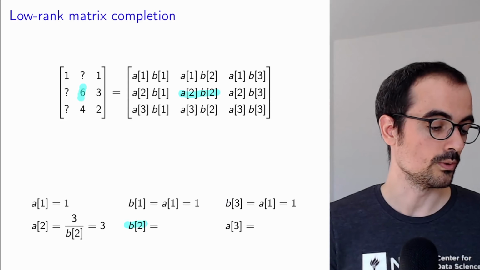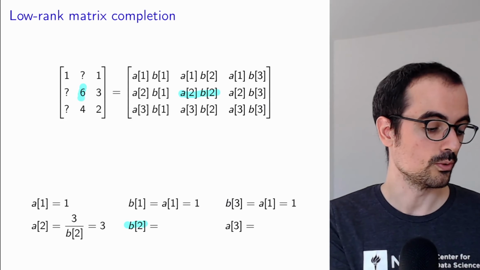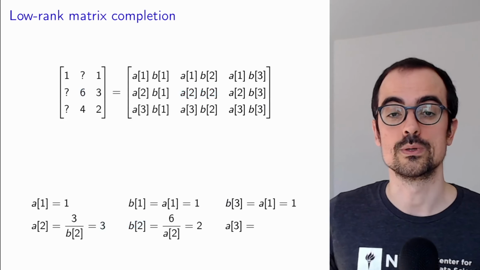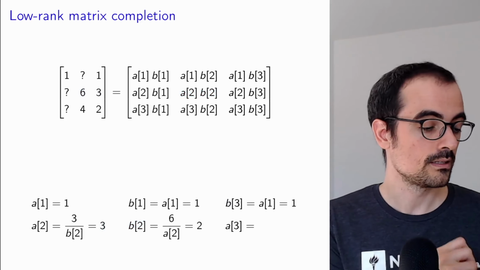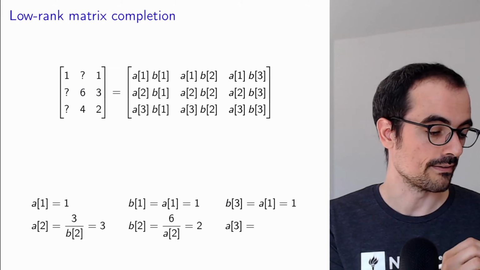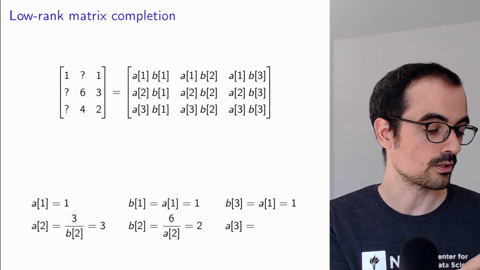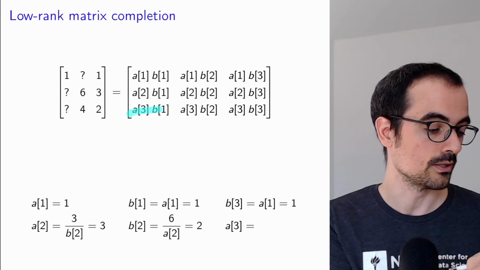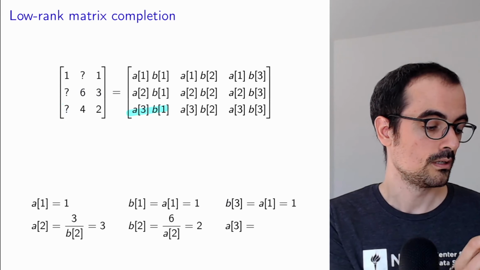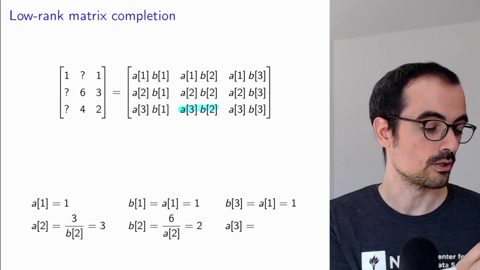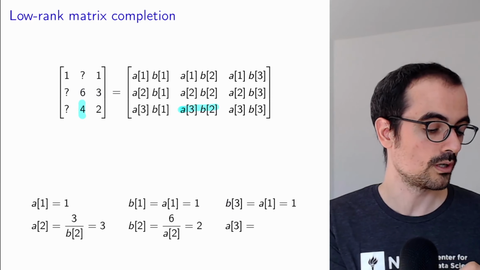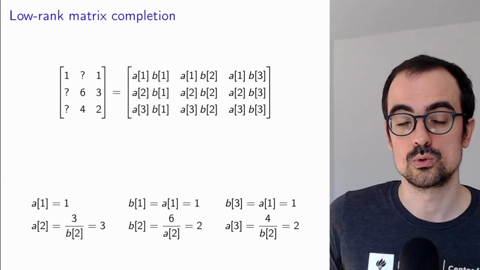A2 times B2 is equal to 6. I know that A2 is equal to 3, so B2 has to be equal to 2. And finally, A3, I think I have a few different options, but I cannot use this one because it is not observed, but I can use this one. So A3 times B2 is equal to 4. I know that B2 is equal to 2, so A3 is equal to 2.